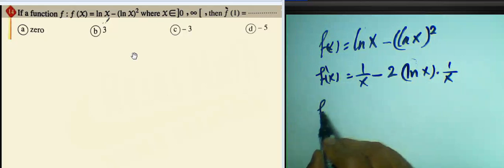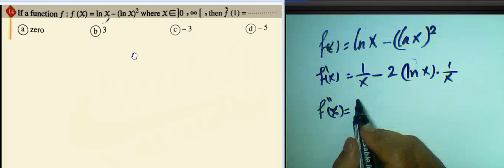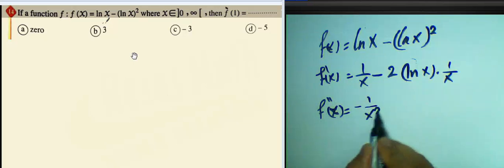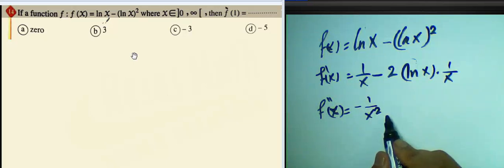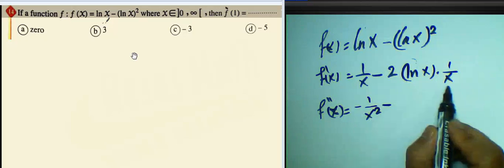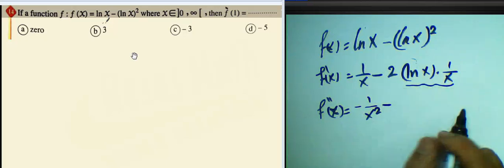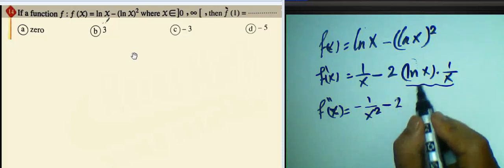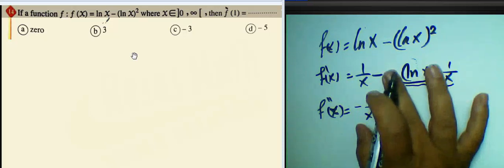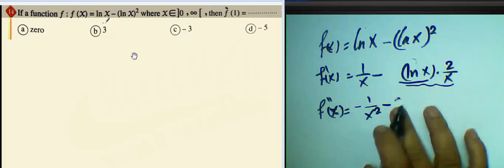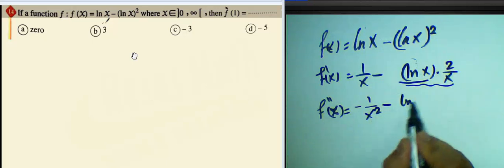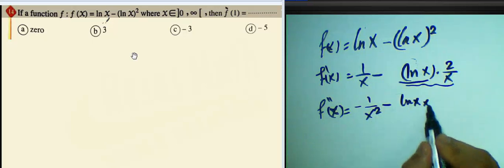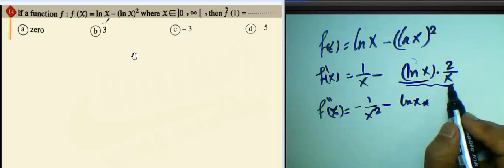Then we can find the second derivative of 1 over x, which equals -1 over x power 2, and we have a multiplication of two factors here. Write 2 as the outside coefficient. Write first ln of x multiplied by the derivative of 2 over x.